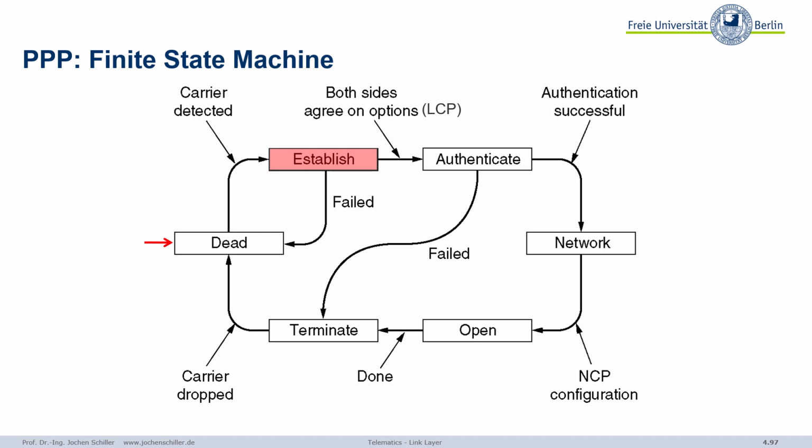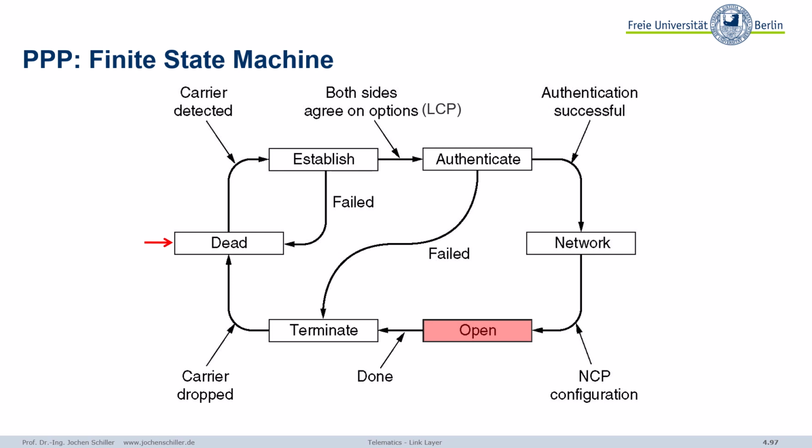Then we negotiate options on both sides. That's for layer 2. There's an authentication phase, and every time something goes wrong, we fail, and that means either the connection is dead again, or we terminate layer 2, etc. If authentication is successful, we set up our network layer, layer 3, and then we open the connection.